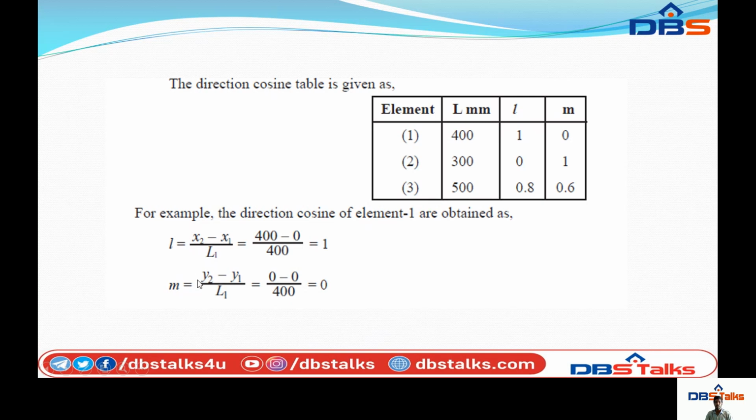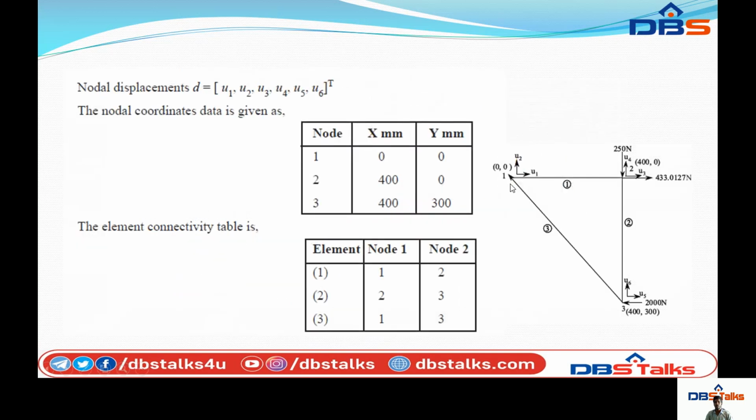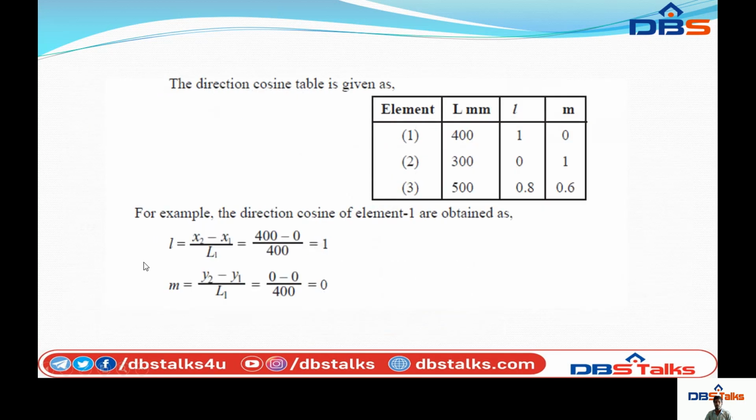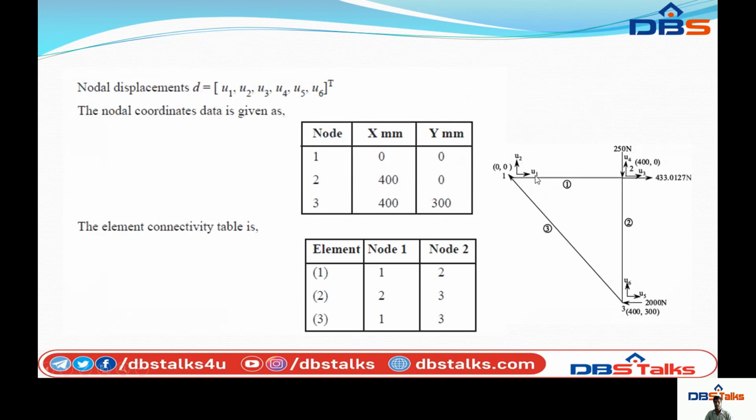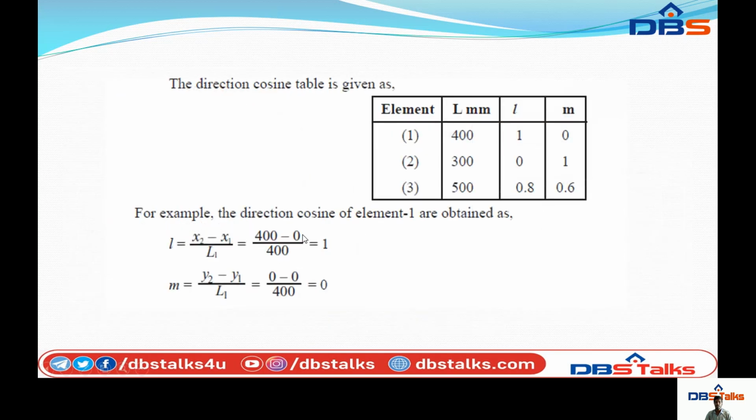We already named the coordinate points: 0, 0 as x1, y1; 400, 0 as x2, y2; and 400, 300 as x3, y3. Based on the coordinate points, for L I take x2 minus x1, which is 400 minus 0, divided by the total length 400. That gives the value of 1.